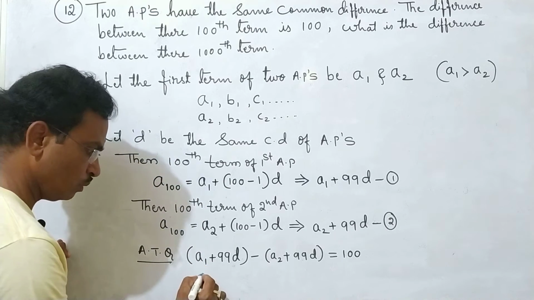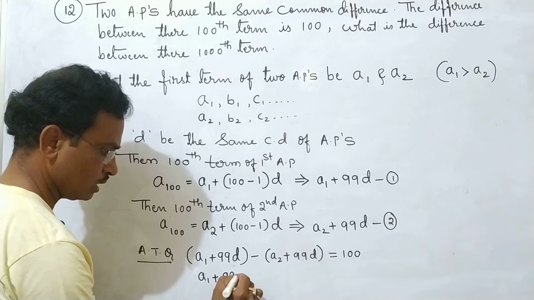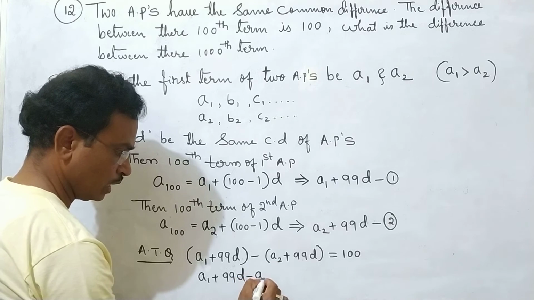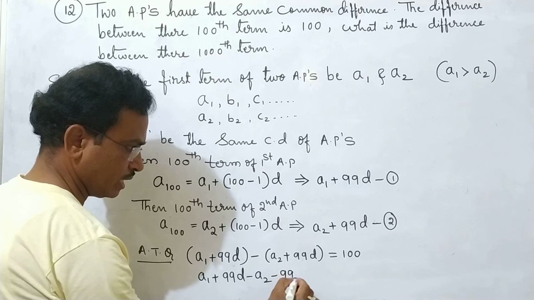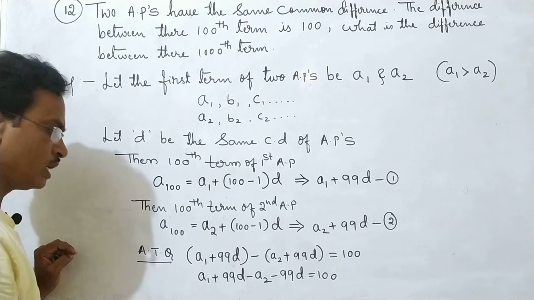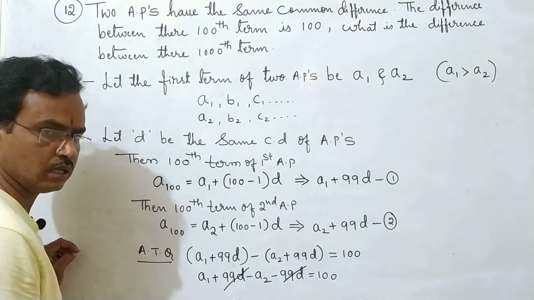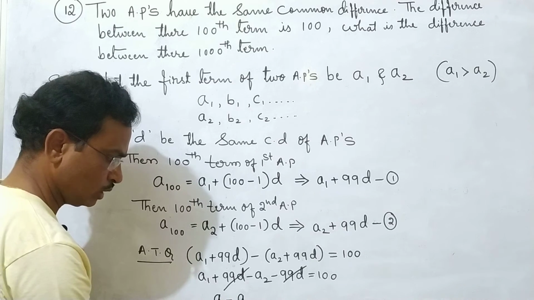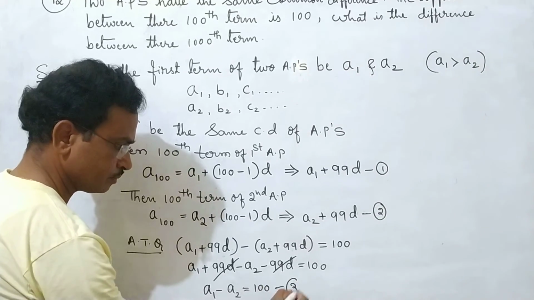Then A1 as it is, plus 99D, then minus into plus becomes minus A2, minus 99D, is equal to 100. Plus 99D minus 99D get cancelled. What is remaining here? A1 minus A2 is equal to 100. So this is the third point.